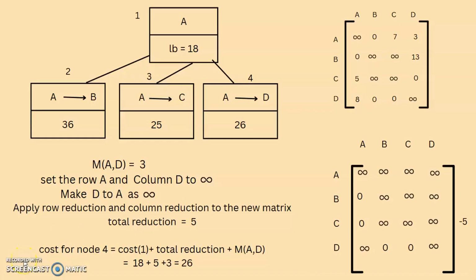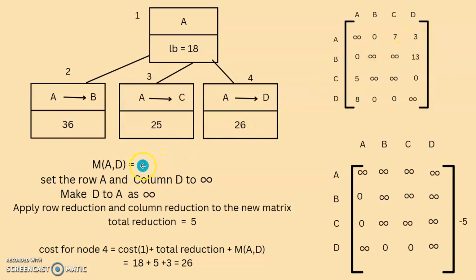The next calculation is A to D. Here also we are going to use the matrix obtained after first row reduction and column reduction as a reference. So this matrix is used as a reference. And what is the entry for A to D? So refer A to D here. The distance is 3.